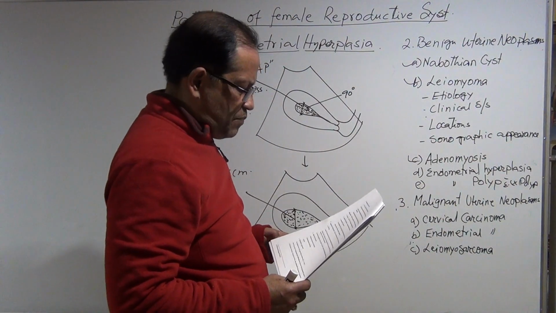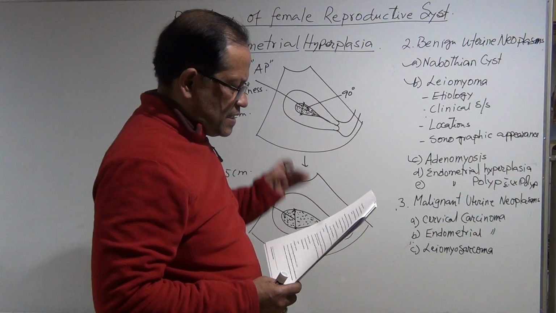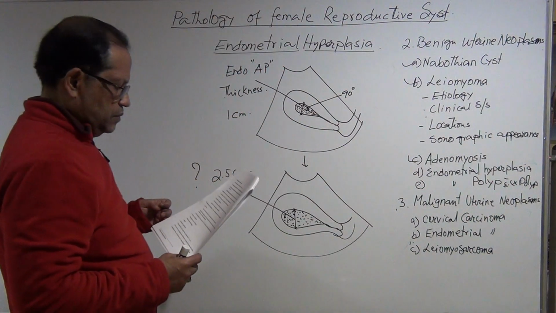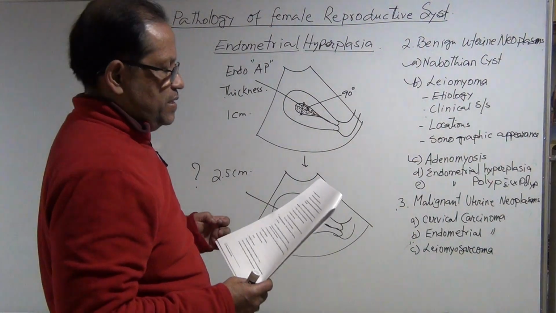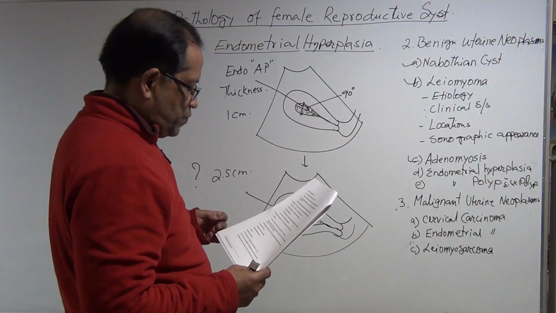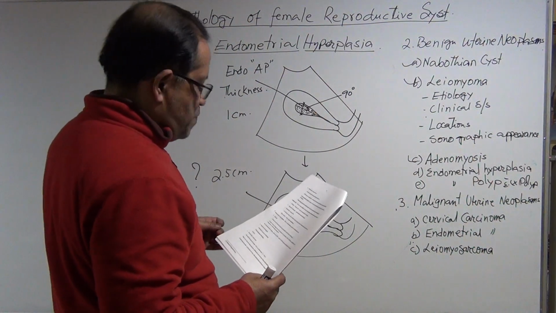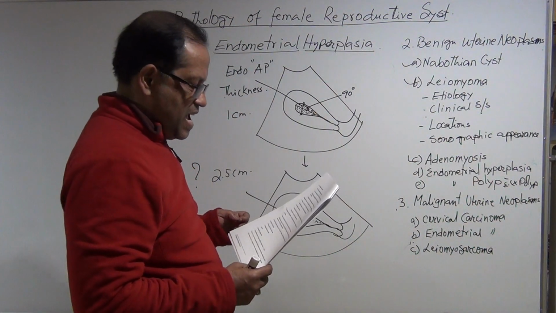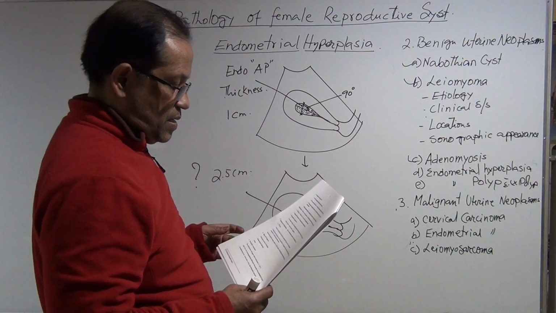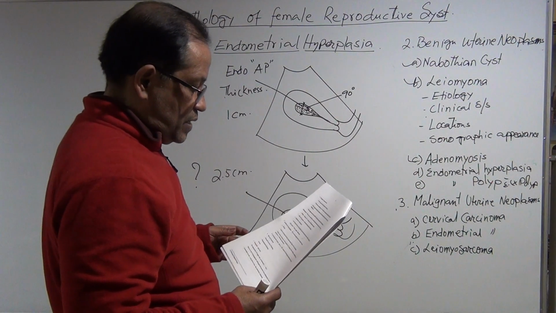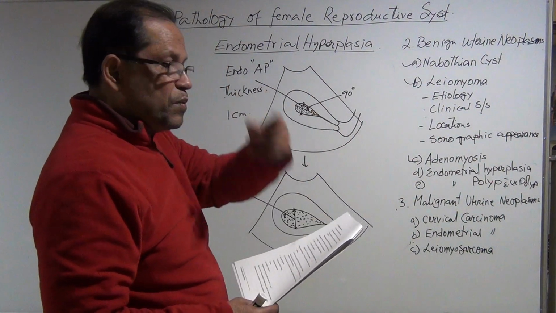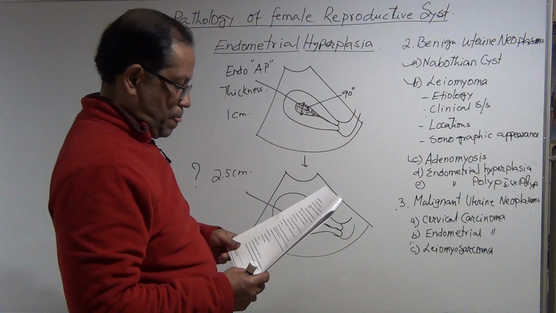Understand that this means overabundant growth of endometrial tissue. It is caused by prolonged periods of persistently high levels of estrogen. Okay? So then it could be any cause, iatrogenic or from disease.